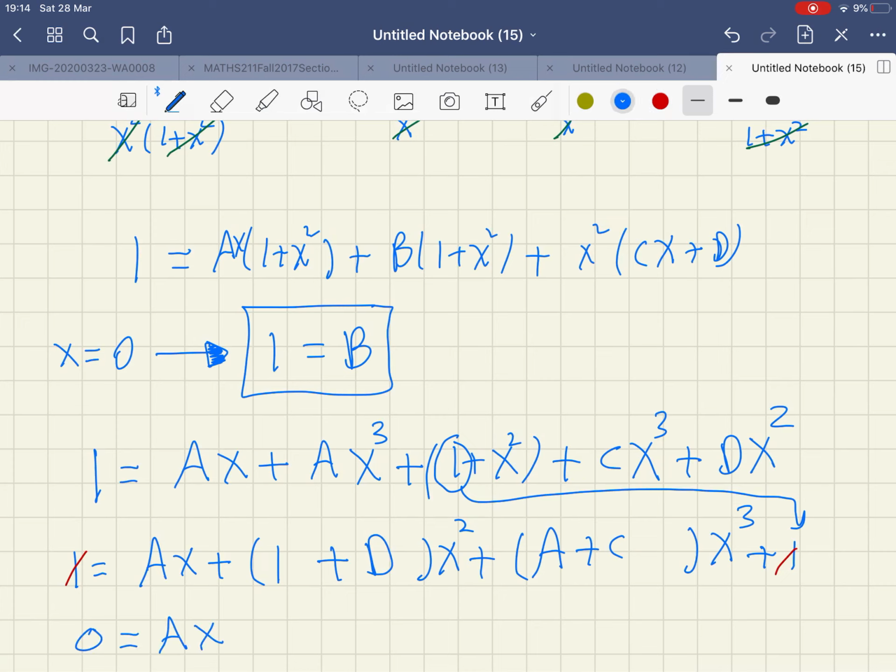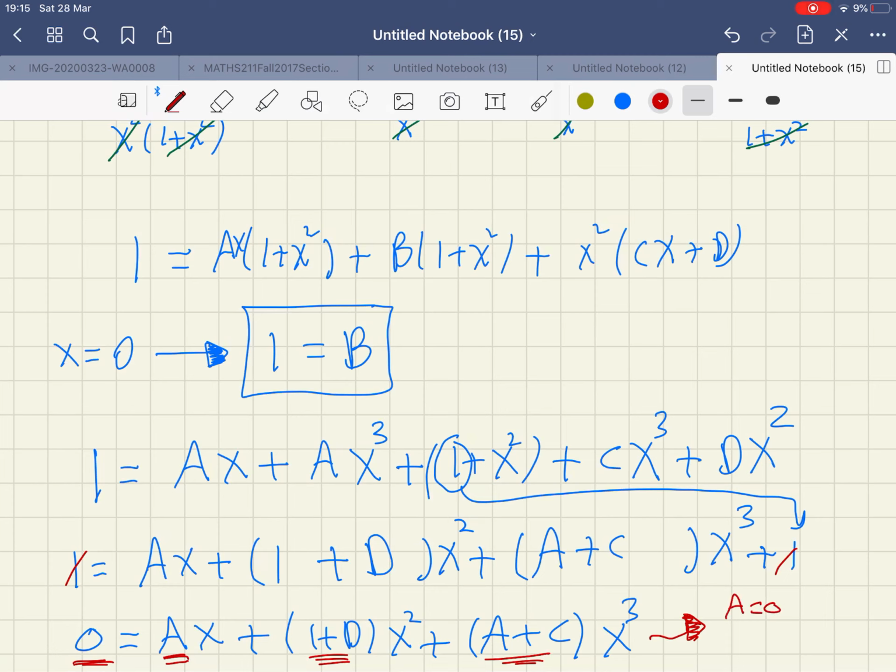So ax plus 1 plus dx squared plus a plus c x cubed. Now, I think you can tell me exactly, because this is 0, this must be 0. This must be 0. And this must be 0. And simply, what we get is a equal to 0, d equal to -1, and c equal to 0. And that's how we find the constants, by comparing the coefficients.